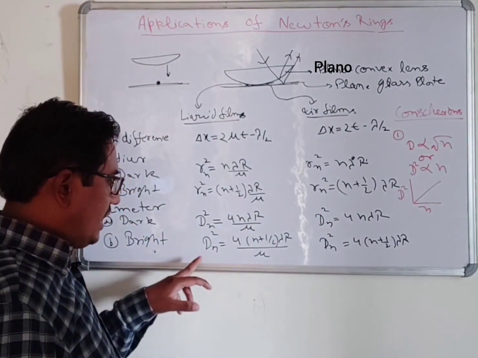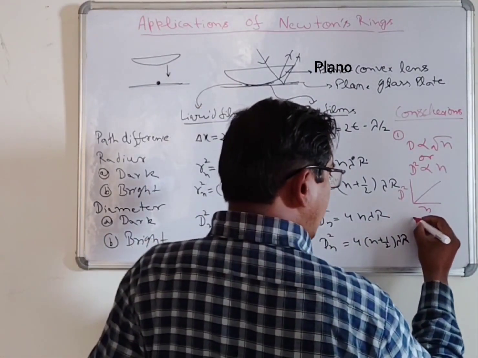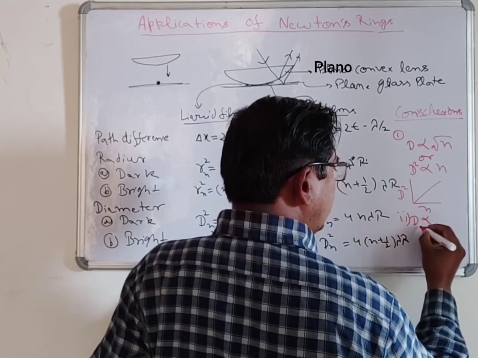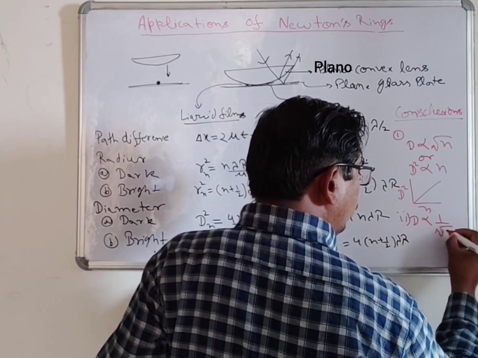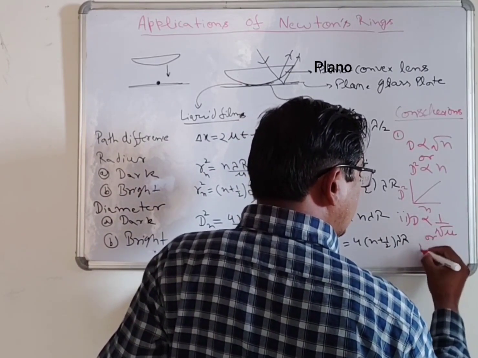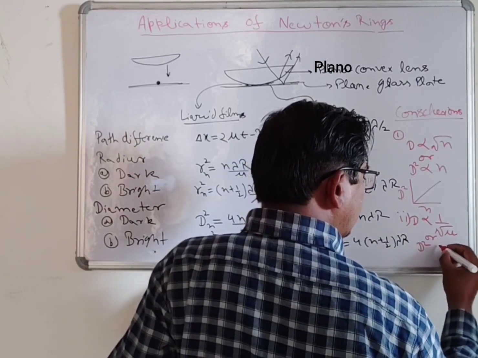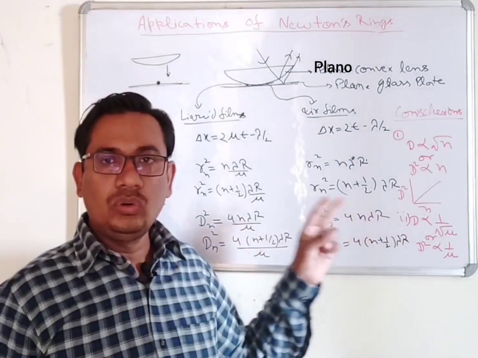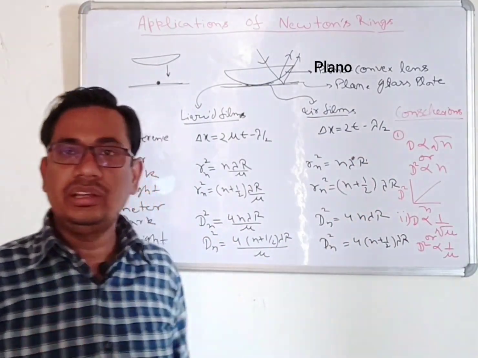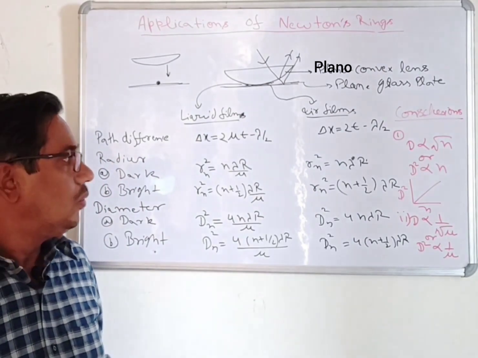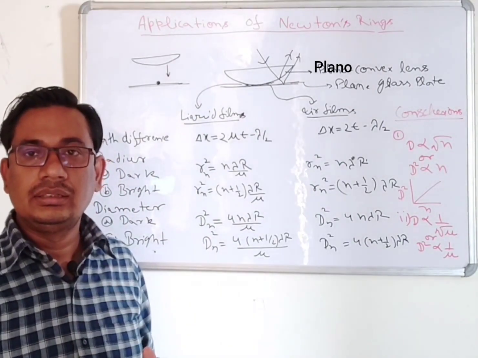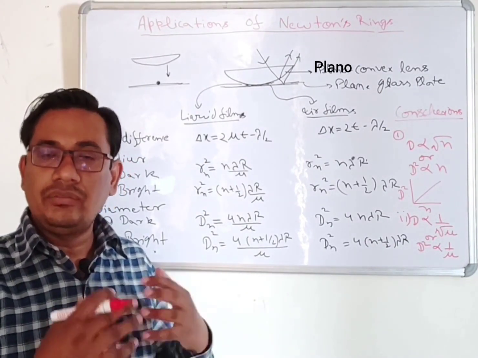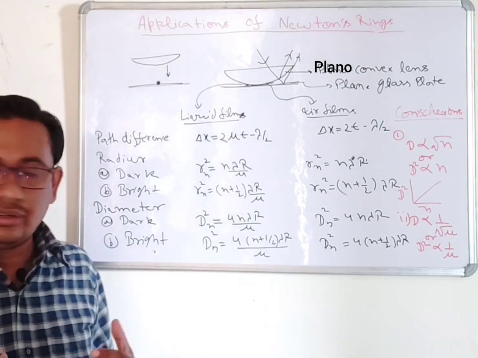The second conclusion is that diameter is inversely proportional to the square root of refractive index, or D square is proportional to 1 by mu. You can see that there are two most important conclusions from the Newton's rings results. Now we will start the application of Newton's rings. First, determine the wavelength of light.